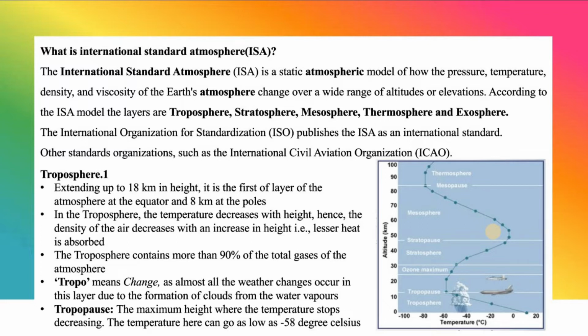The International Organization for Standardization, ISO, published the ISA international standards, and other standards organizations such as ICAO, the International Civil Aviation Organization, also use it. For the atmosphere from sea level upward, the temperature, pressure, density, and viscosity are the factors we use to segregate the five layers.